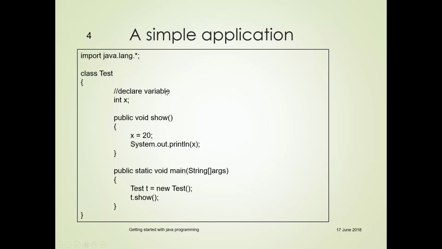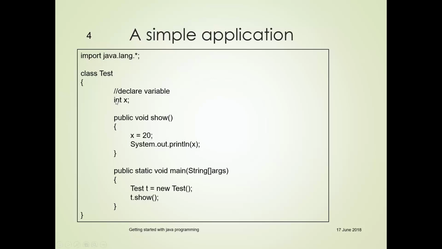Comments are statements which are not a part of the program, meaning they are not going to execute, but they are visible to a developer or programmer. A programmer writes some text that helps the same developer or some other developer. If after two or three months I see the same program, to understand what a particular word or line was for, what its purpose was, I write some comments.